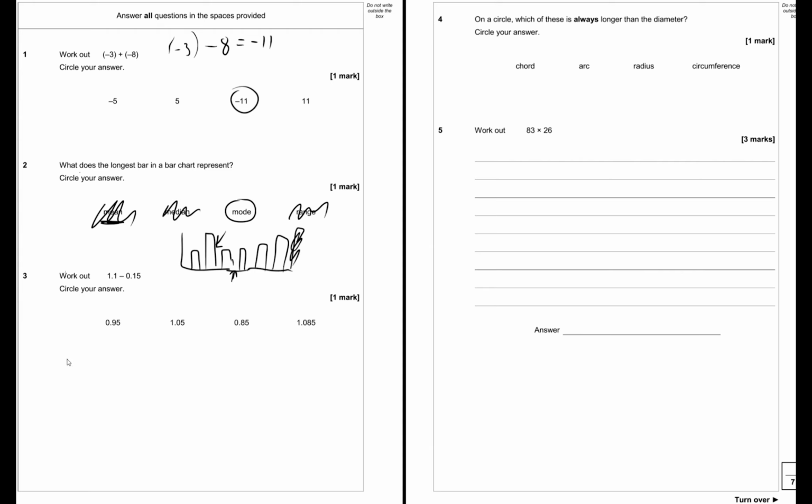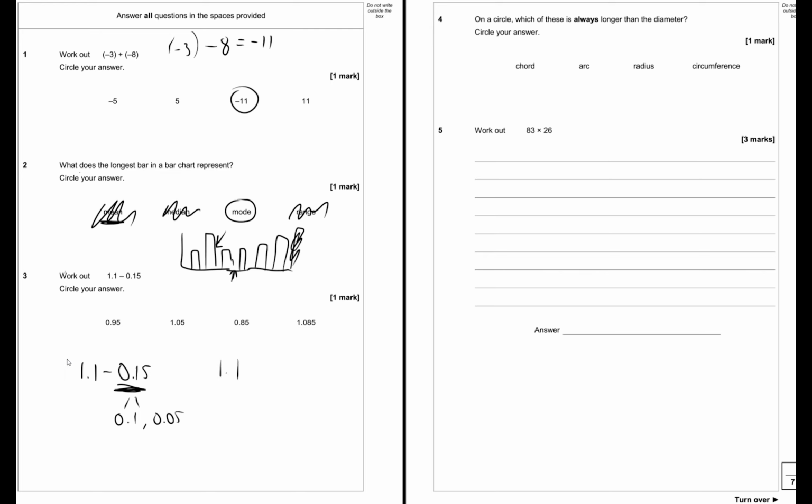Work out 1.1 minus 0.15. Circle your answer. Okay, so let's try to split this up. So we've got 1.1 minus 0.15. We can do this by splitting this into 0.1 and 0.05, and then we can do the subtraction separately.